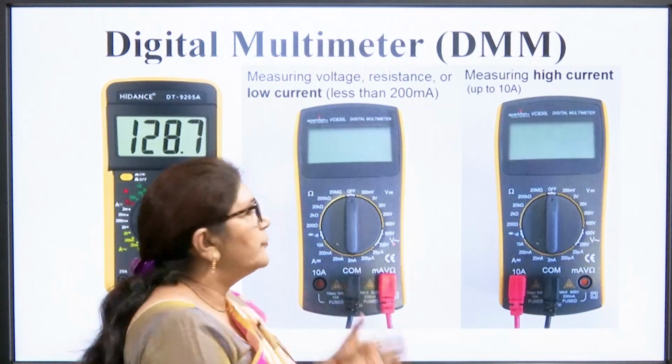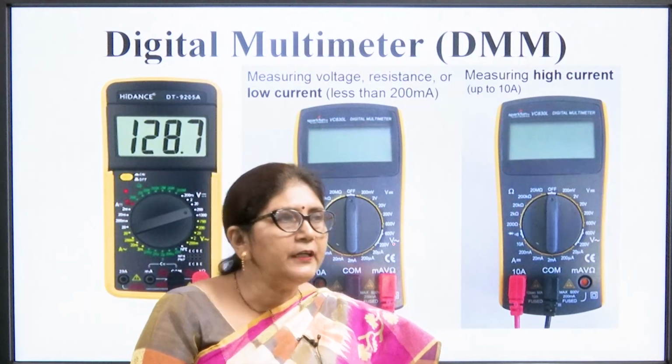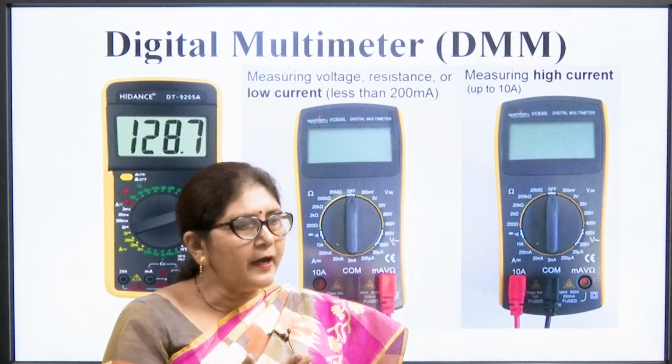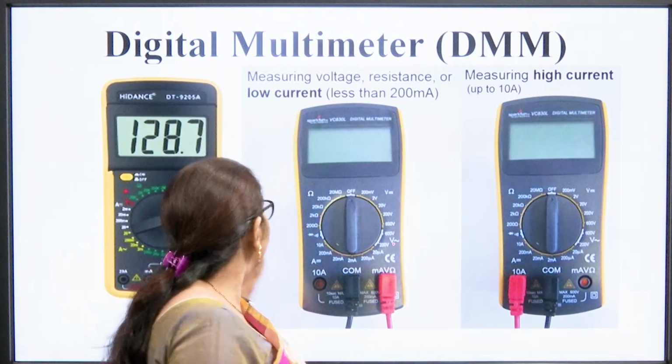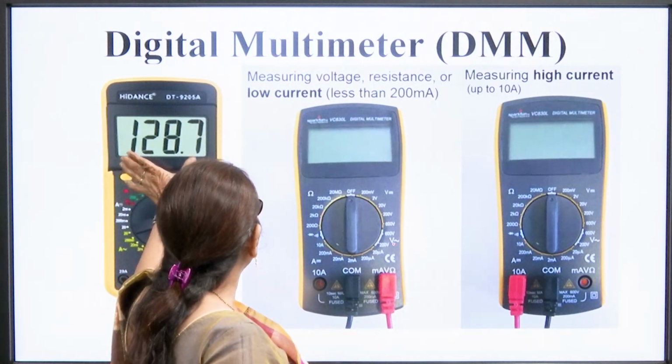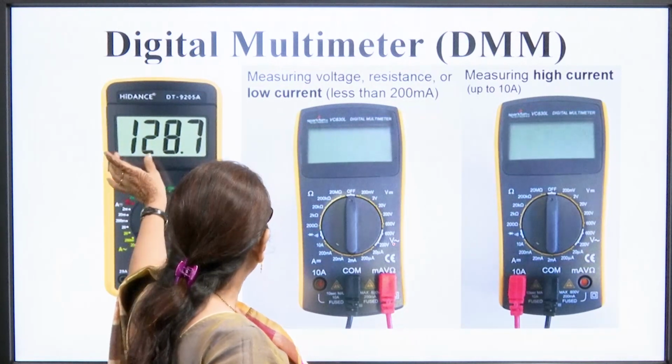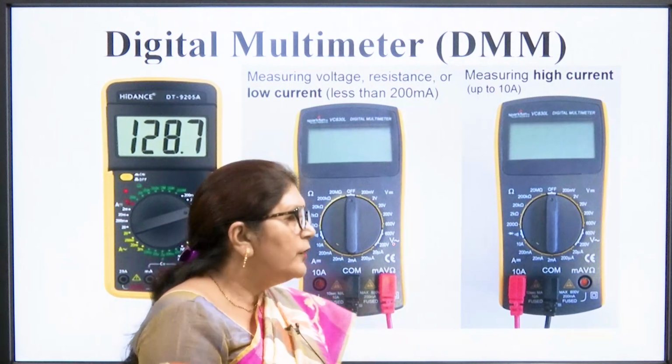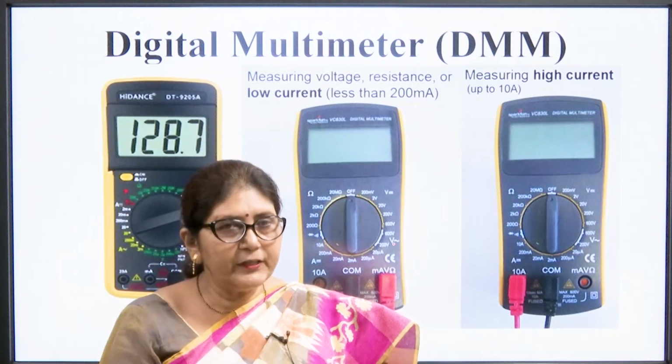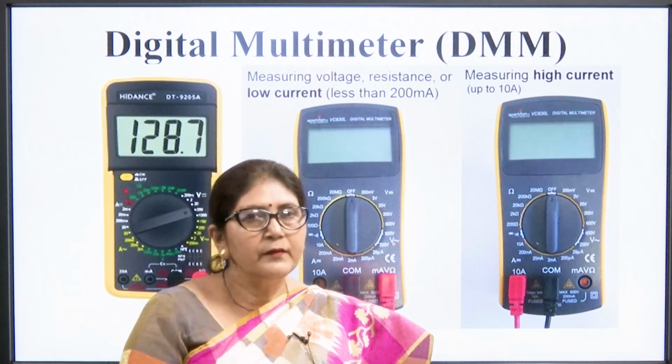So, this instrument is known as a 3.5 digit instrument, because it measures 3 complete digits and 1 digit only from 0 to 1. This is known as a 3.5 digit multimeter.